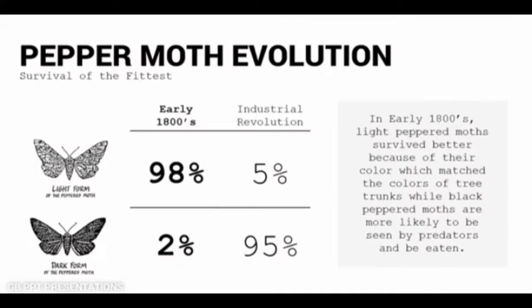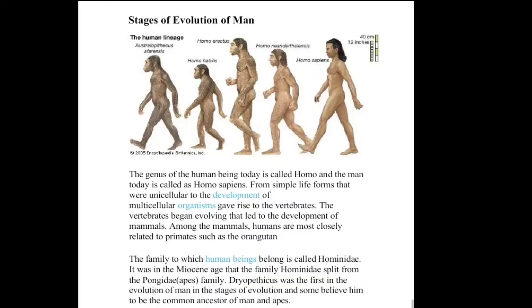Okay, so let's proceed to the peppered moth evolution. In the early 1800s, light-peppered moths survived better because of their color, which matched the colors of the tree trunks, while black-peppered moths were more likely to be seen by predators and be eaten. Okay, so let's move to the stages of evolution of man.